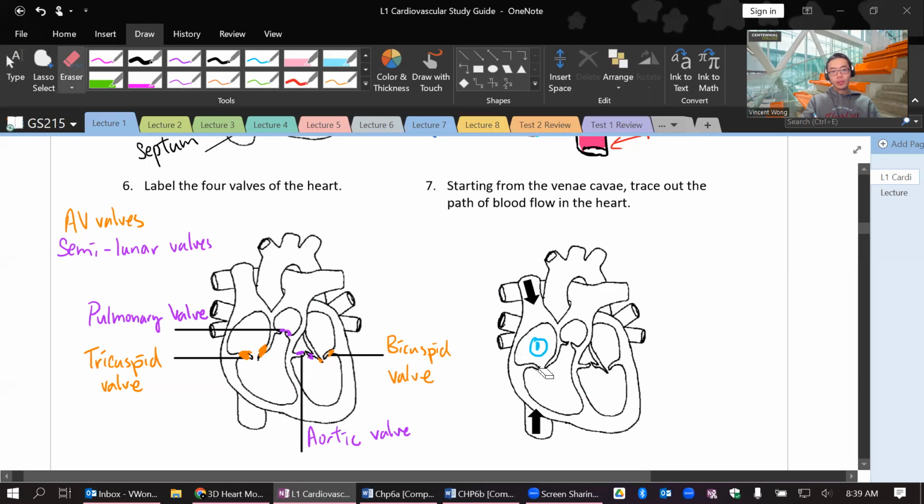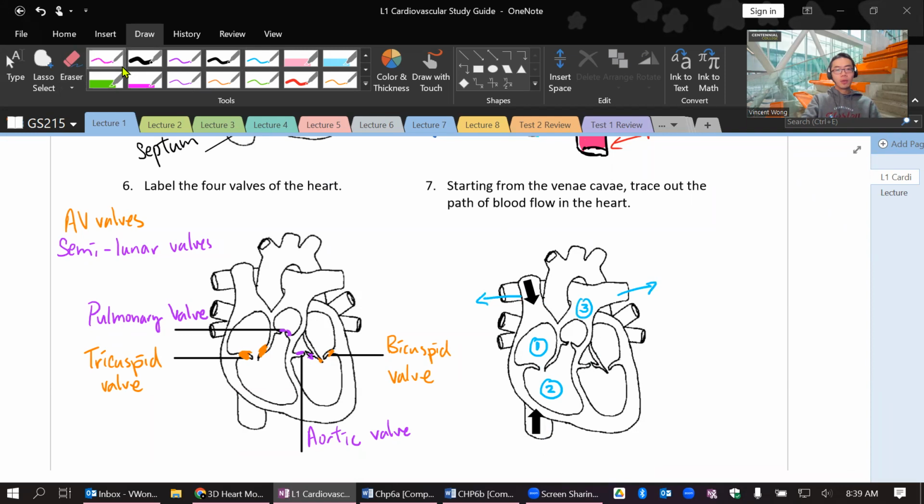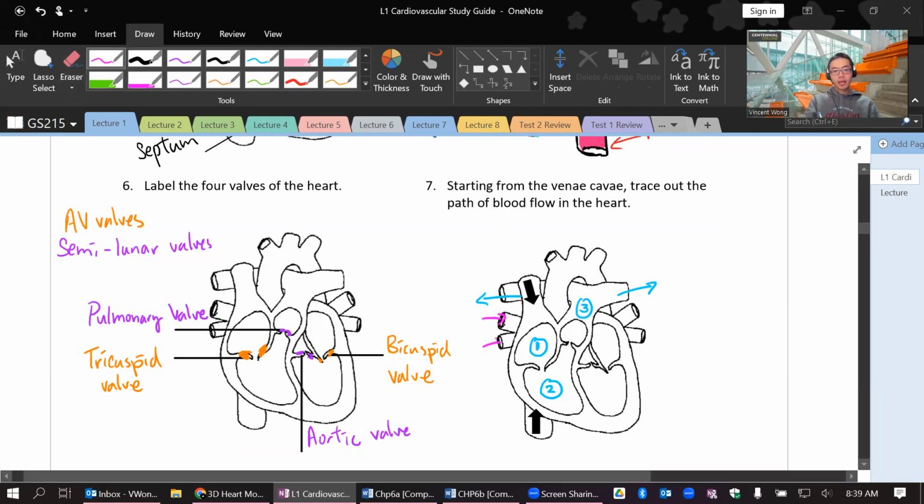It's going to go through the tricuspid valve into the right ventricle, and it's going to go into the pulmonary artery, taking it to the lungs, where the blood will get reoxygenated, and it will come back through these number 4. Okay, those would be your pulmonary veins into the left atrium, down into the left ventricle, and then finally squeezing the blood throughout the body from the aorta.